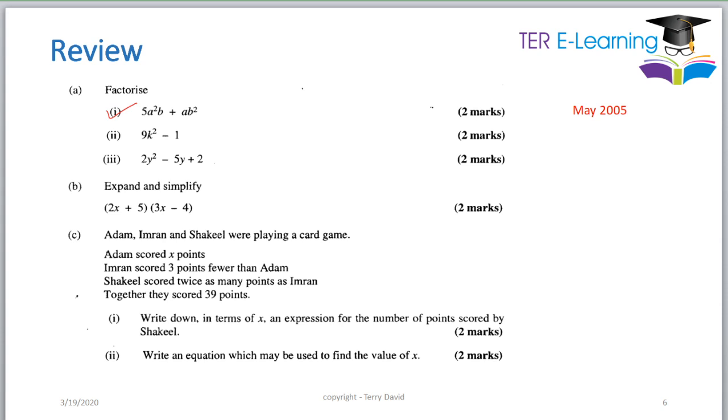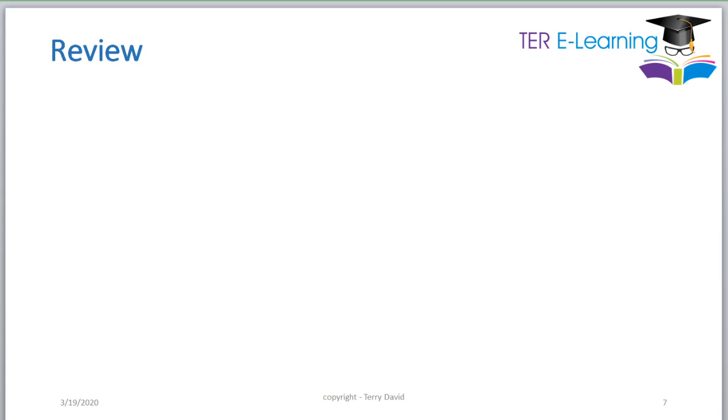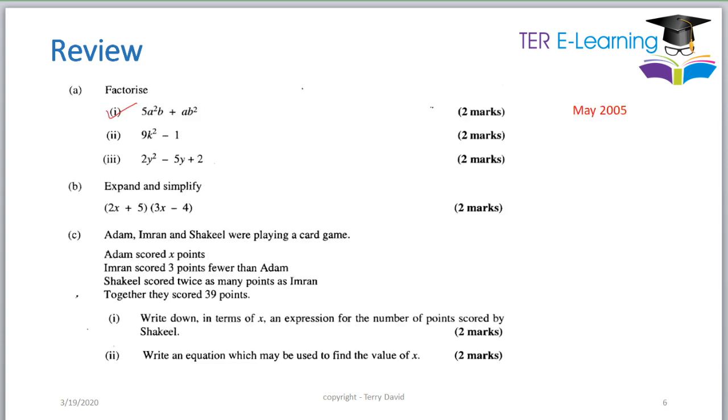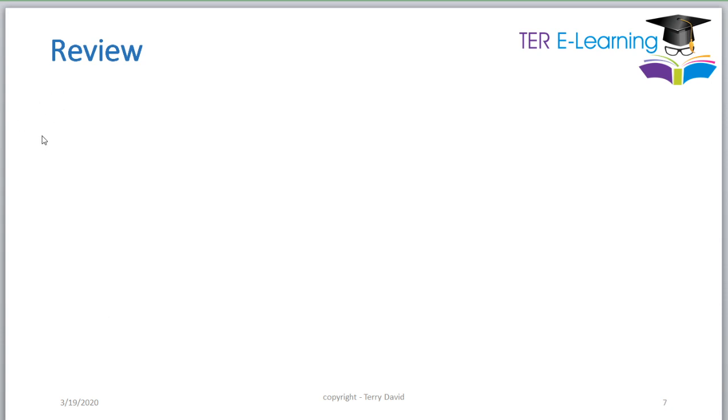The first one is 5a squared b. Let me make my life a little easier. So these are the 3 things we need to factorize.